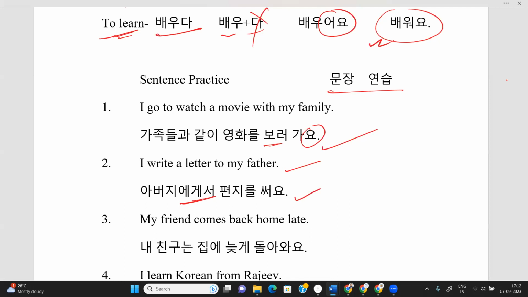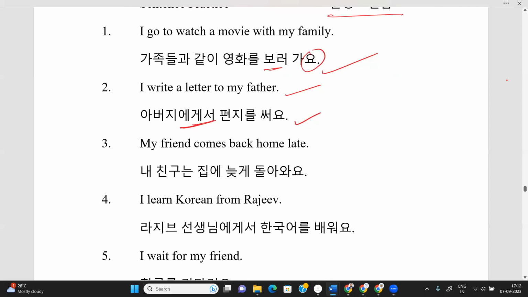My friend comes back home late. 내 친구는 집에 늦게 돌아와요. This is a change in pronunciation here. You will understand when you learn this change in pronunciation.